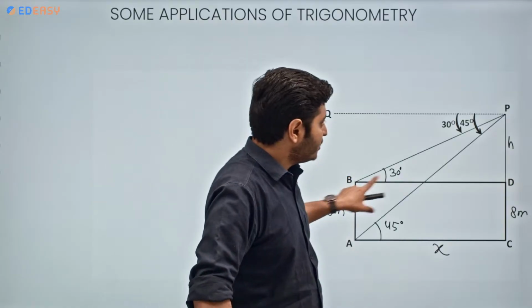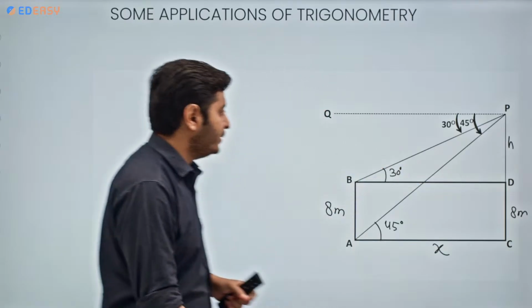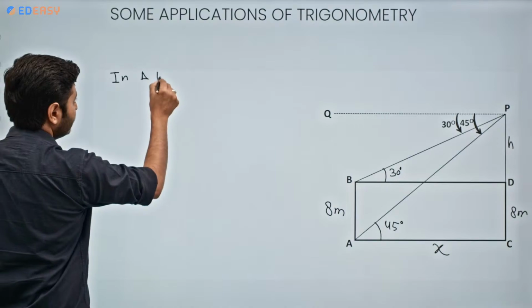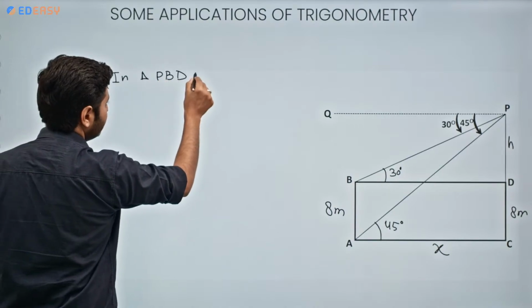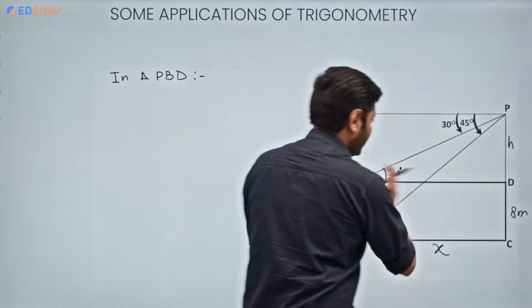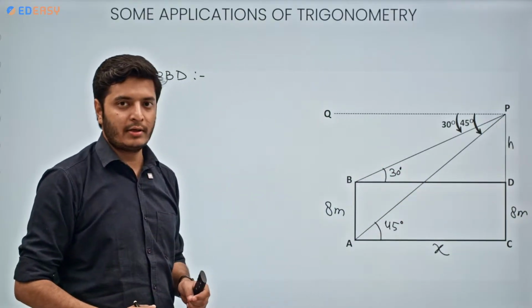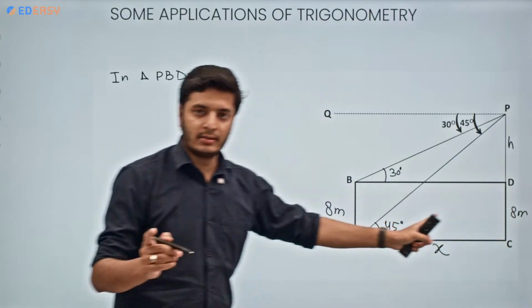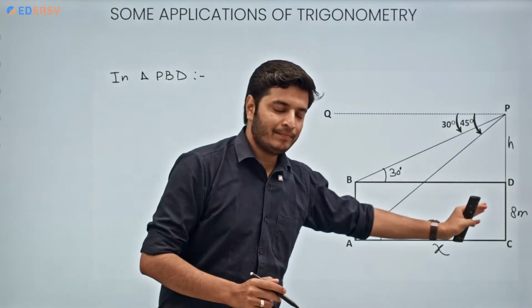First, we are going to consider this triangle PBD. So I will write, in triangle PBD, we are talking about the perpendicular and the base of this triangle, correct? So if AC is x, then BD is also x, correct? Because they are equal.